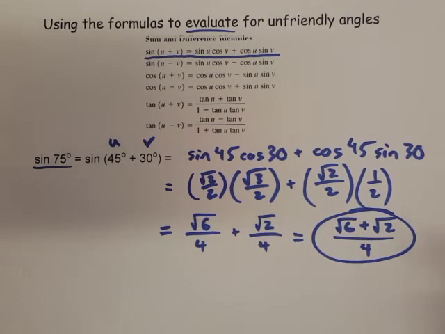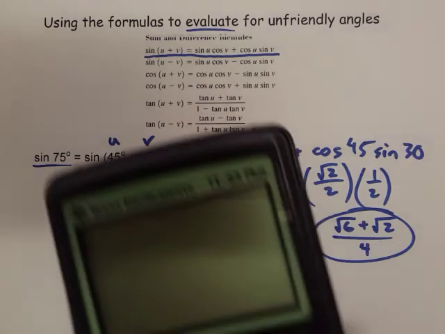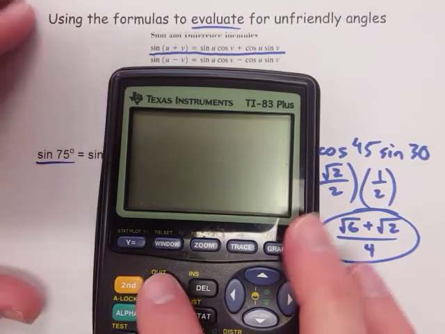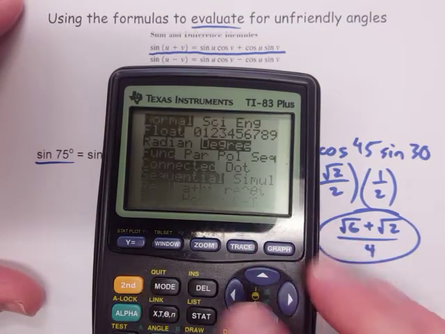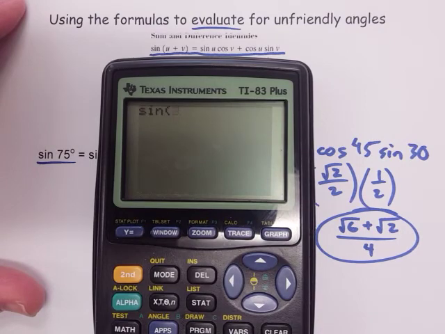Now you can always check it on your calculator to see if that is the right thing, so maybe we do that right now just because we can. We make sure we have the right mode, degree mode. So I'll do sine of 75 and I'll get that.